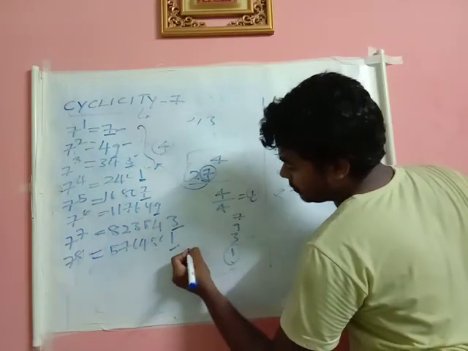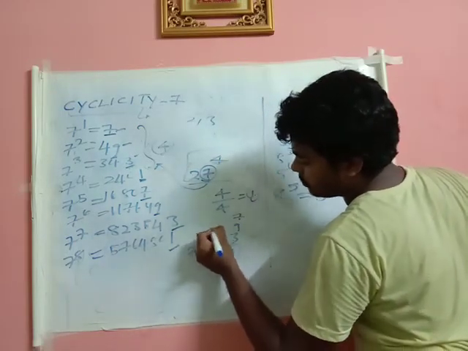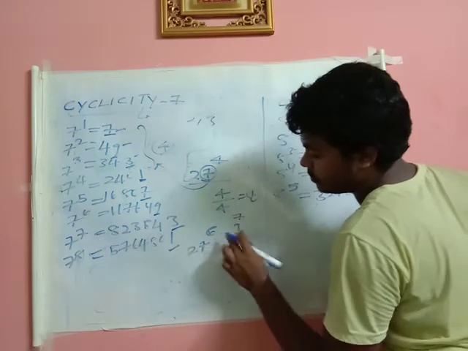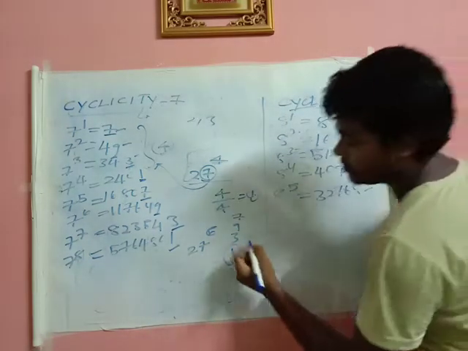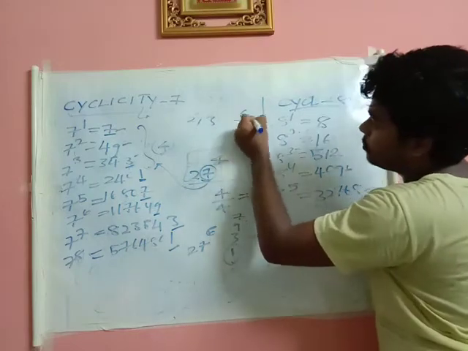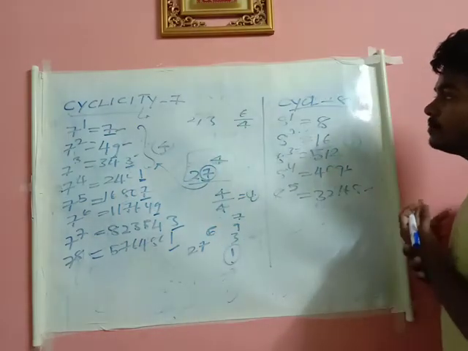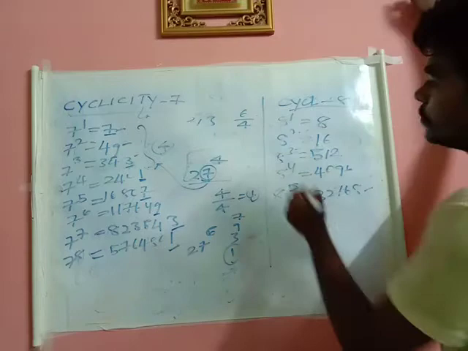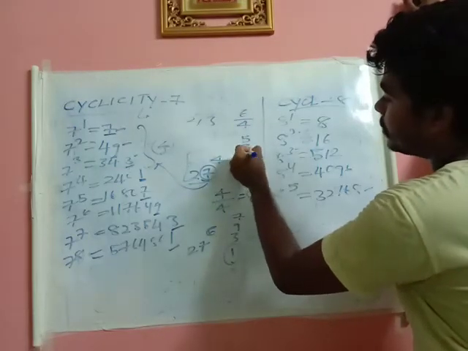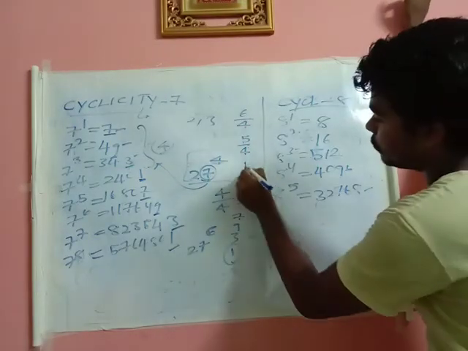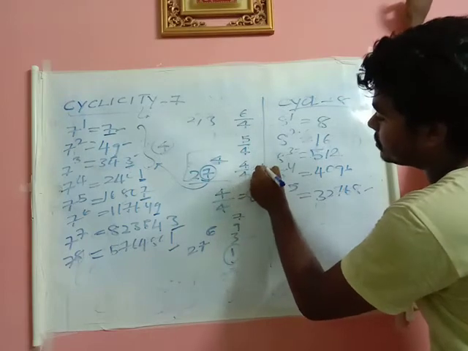Now if someone asks you the unit digit of 27 power 6, you take 6 and divide by 4. Is this an exact division? No. Now take 5 by 4. Is it an exact division? No. Coming to 4 by 4, it is an exact division, which is equal to 1.